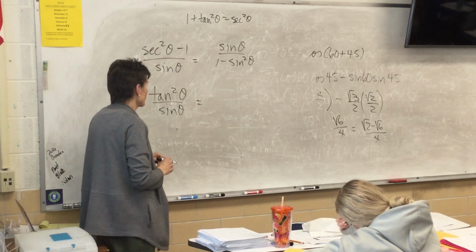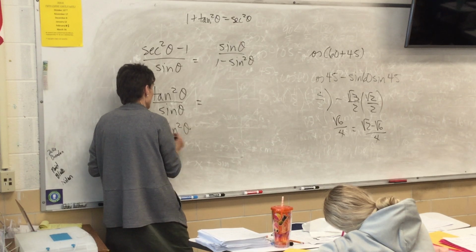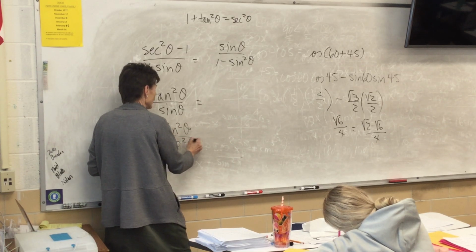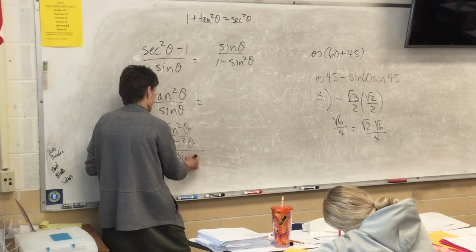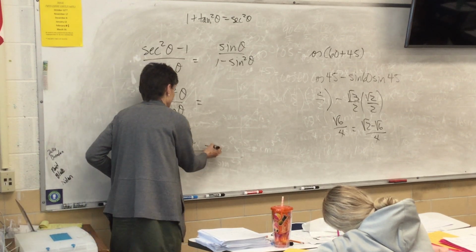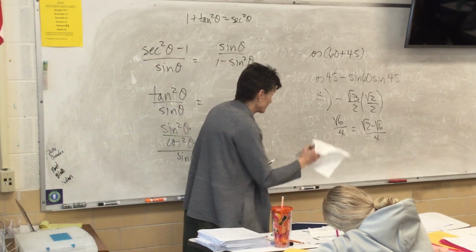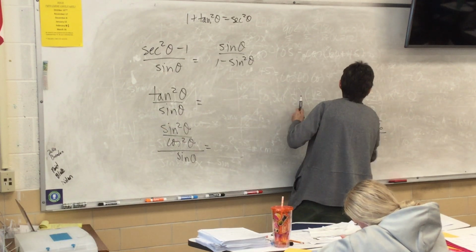And tangent squared would be sine squared over cosine squared, over sine.